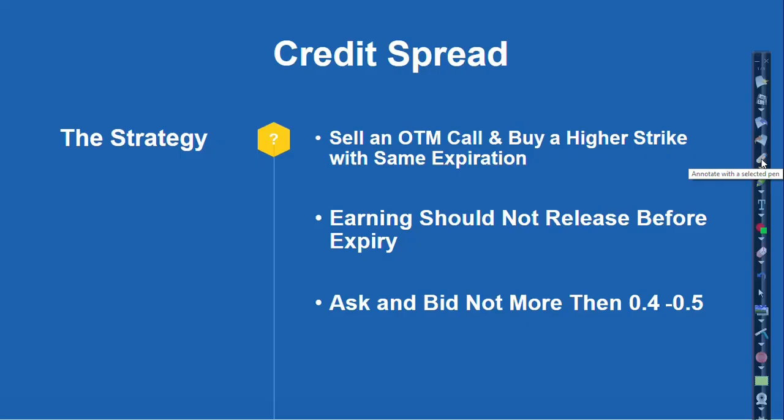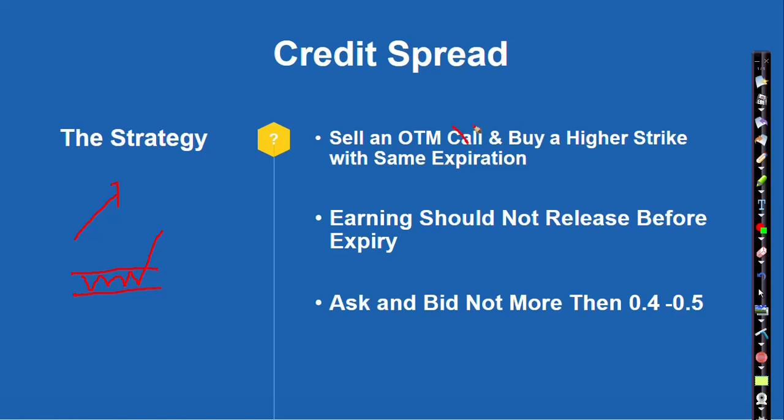The strategy: let's say the market is running sideways and price broke this range, and we anticipate that the market will continue toward the upside. In that case, we will sell out of the money.